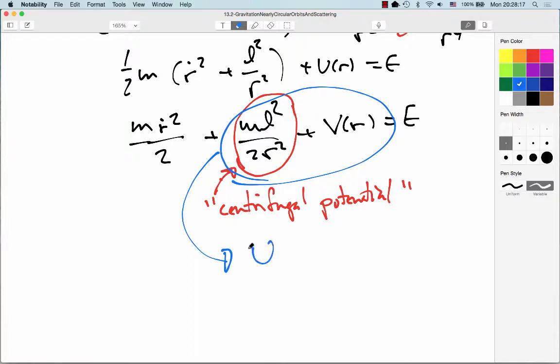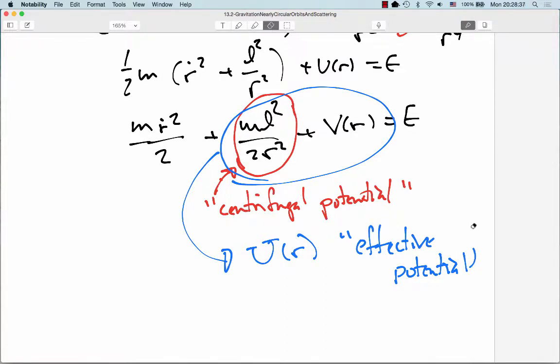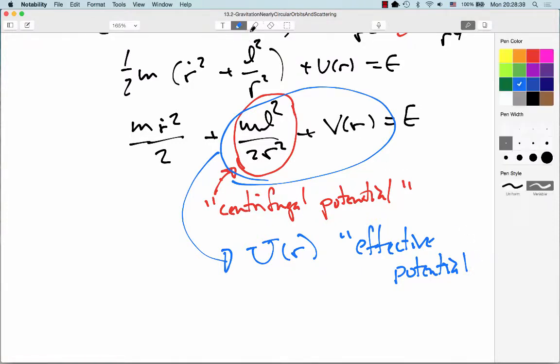So we often rewrite this as U of r and call that the effective potential. So, if you like, you can say it's a potential energy due to the physical force and the centrifugal force, if that makes you feel any better.